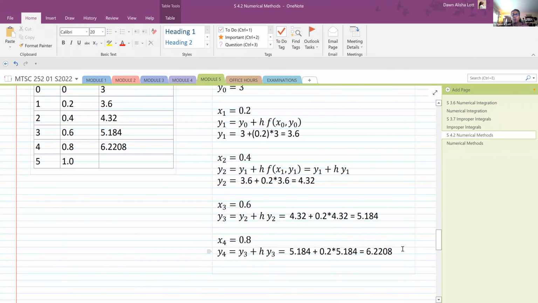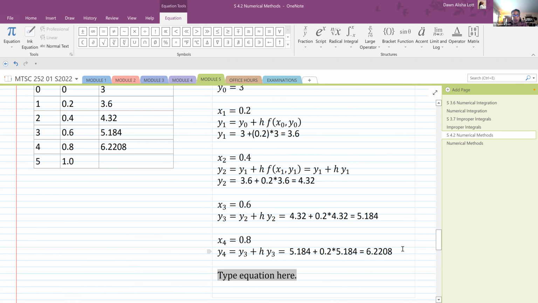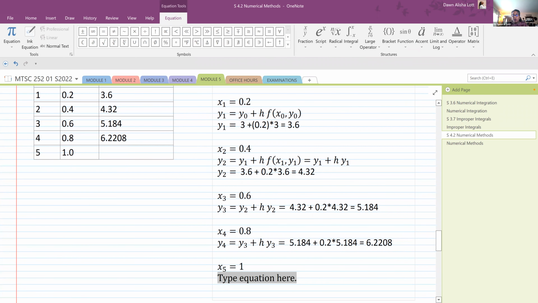All right, we have one more, because then we're there. So X5 is 1. Okay, so that's what we want. We want an approximation for what the Y value is when X is 1. And that's Y5. And that's going to be Y4 plus H times Y4.